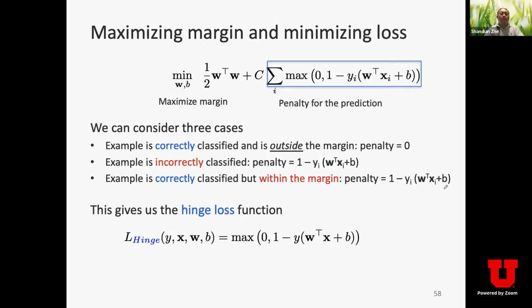And in SVM, when you do all kinds of simplification and analysis, you end up with this so-called hinge loss function. The interesting property of hinge loss is that even if you can correctly classify the example, if your classification boundary is too close to that point, you can still get some kind of penalty.